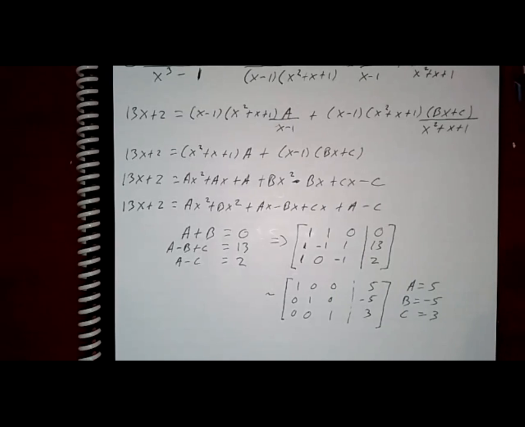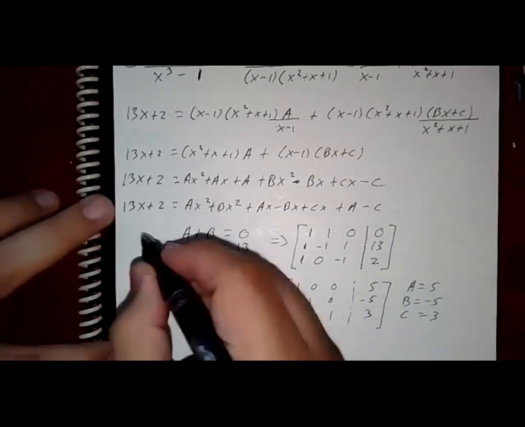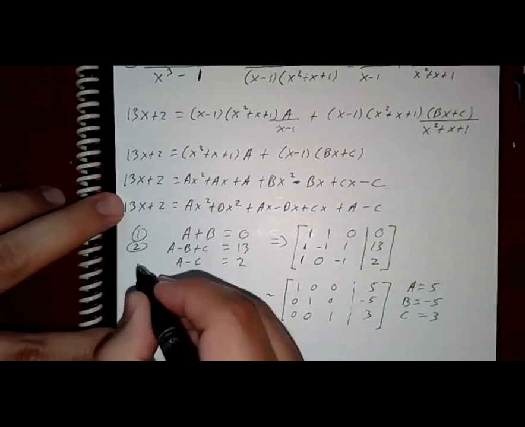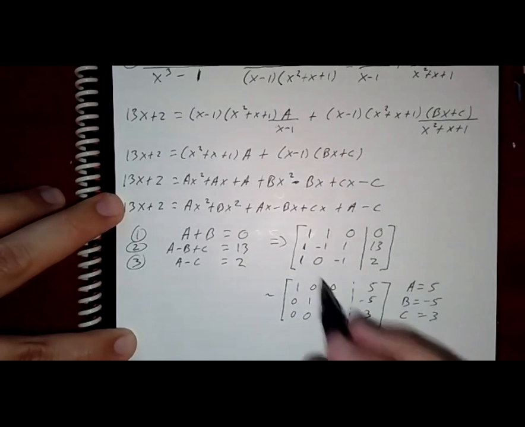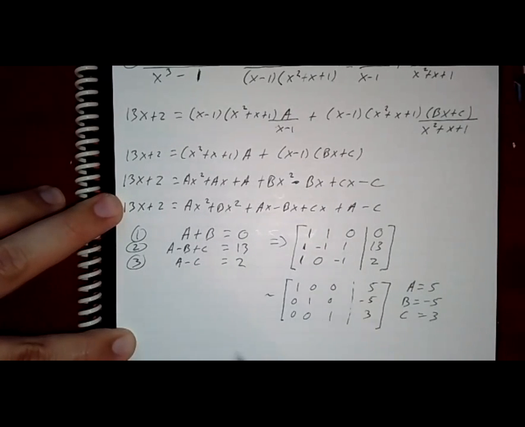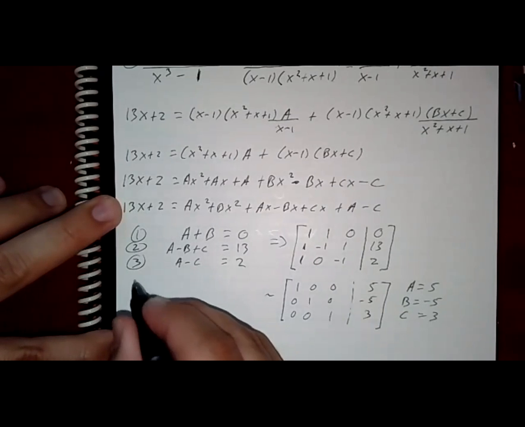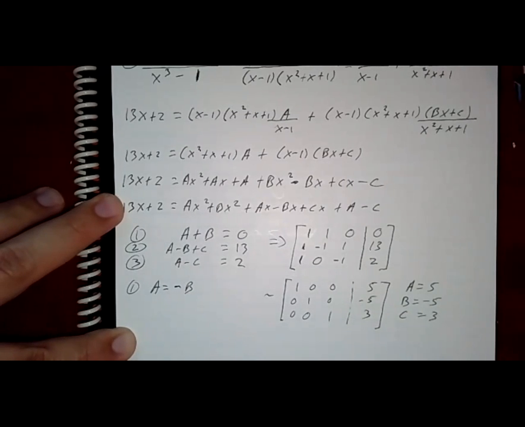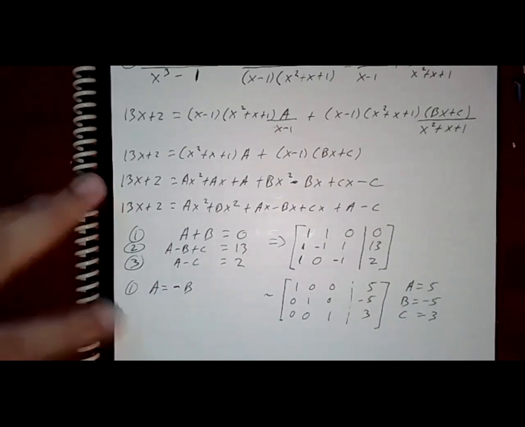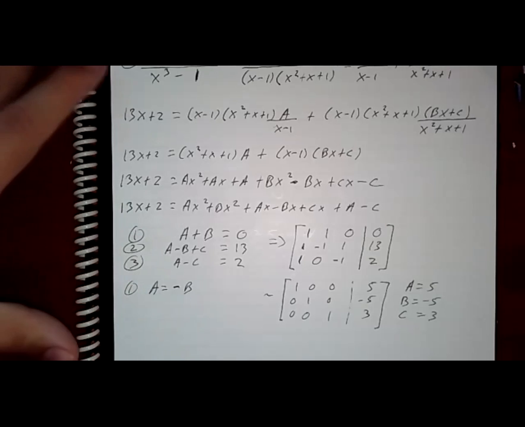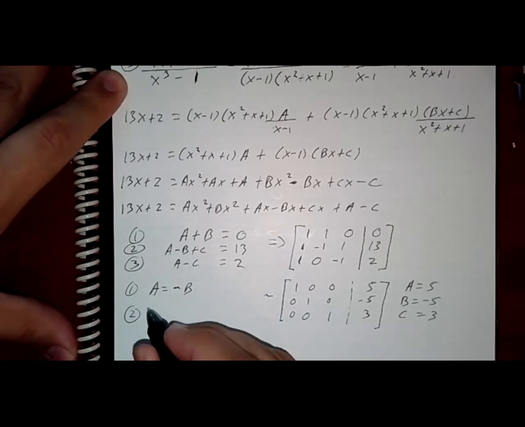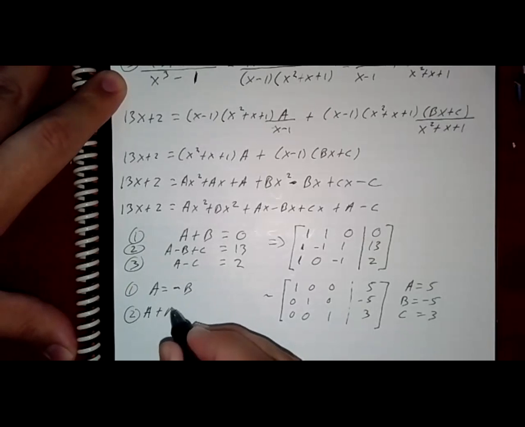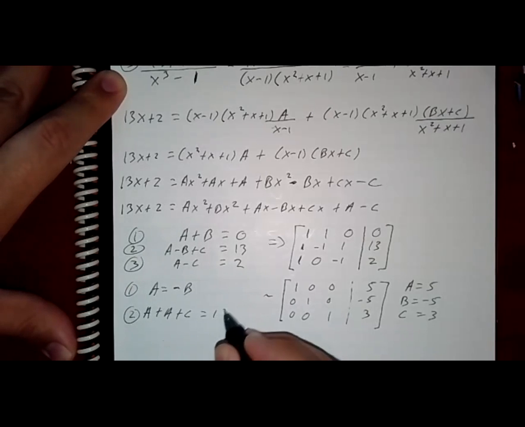But let's say we wanted to attempt substitution. So using the first equation, using number 1, I'm going to label these so I can refer to them. So using 1, A is equal to -B, right? Now, if I substitute this into equation 2, that would give me A plus C equal to 13, right?